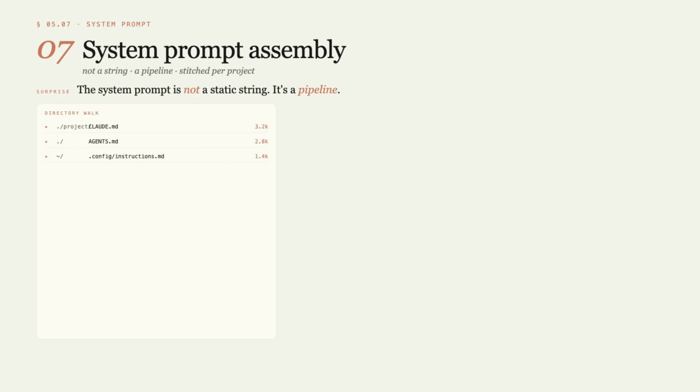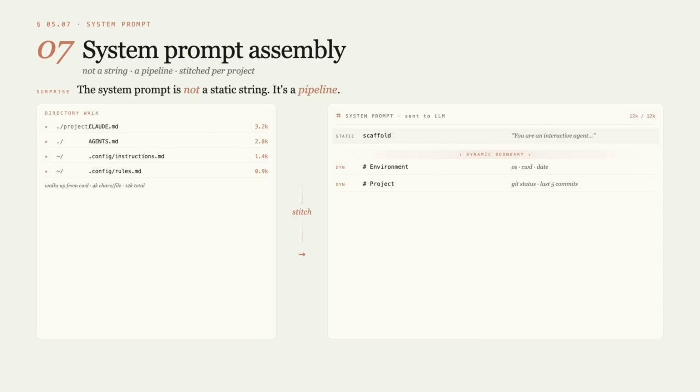Number 7 is system prompt assembly. This is the one that will surprise most people. The system prompt is not a static string. It's basically a pipeline that walks ancestor directories looking for specific types of instructions. So if you have CLAUDE.md or AGENTS.md, it's going to inject those into the system prompt.